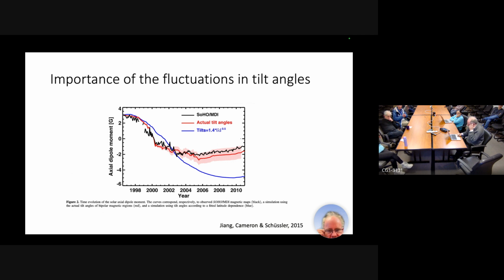And this plot is an explanation for why the polar fields at the end of cycle 23, so the prediction for cycle 24, was not accurate.